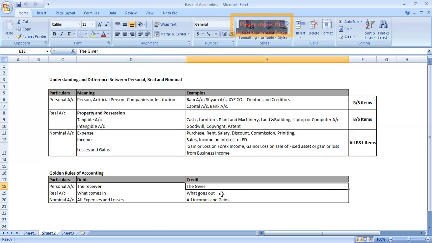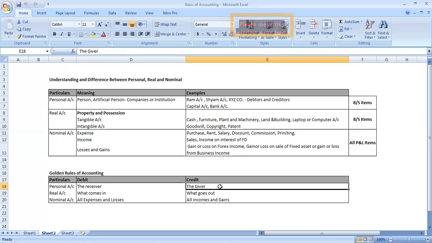Similarly, for credit, any amount where I'm liable to make the payment will get credited. Examples are the creditors accounts, or if the person has made the payment through bank, then the bank account gets credited.